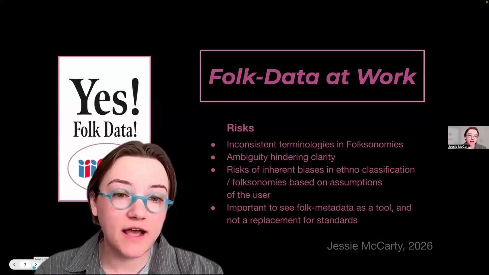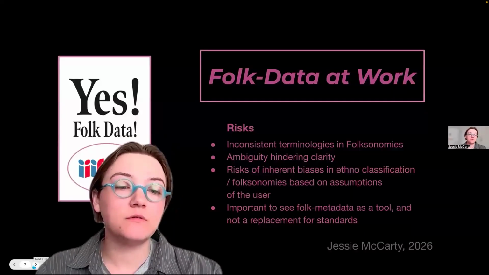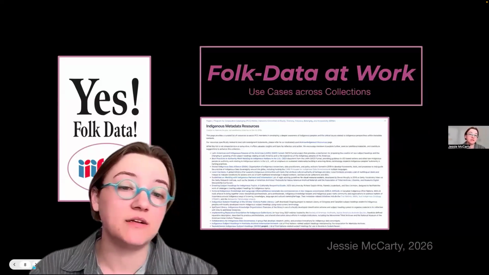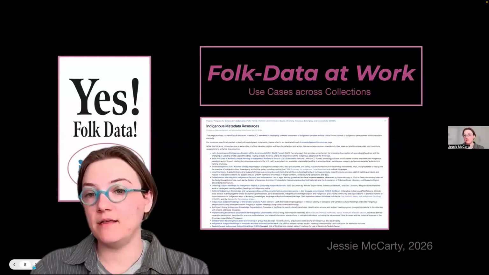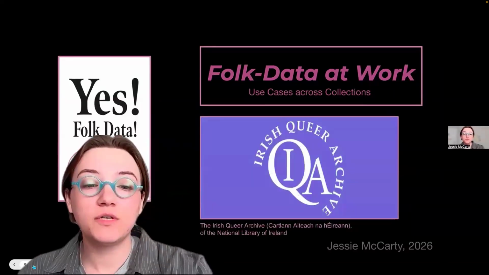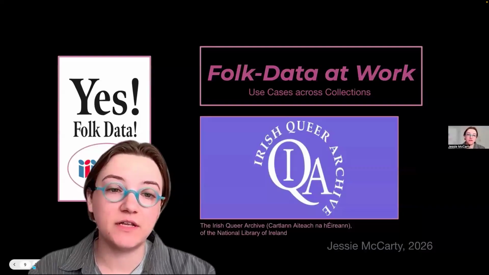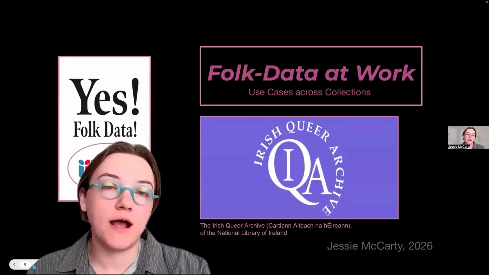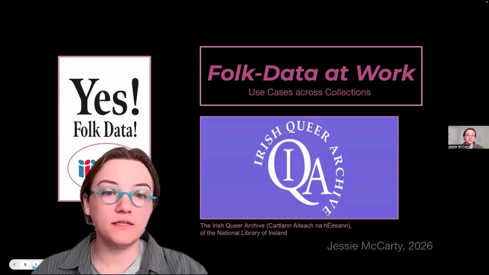One tool I found that has been helpful in determining accessible and ethical folksonomy keywords has been the Indigenous Metadata resource that was created by Matthew Hagan. Here is a glimpse of that resource. One use case of folk metadata at work outside of the American Folklife Center is the Cartlann Aerach na hÉireann, the Irish Queer Archive that is housed in the National Library of Ireland.